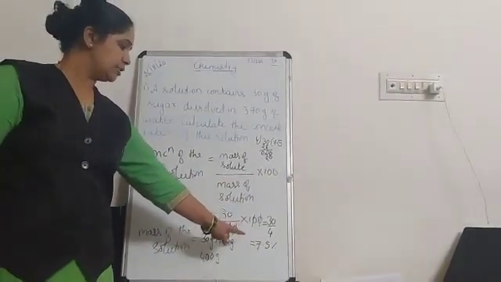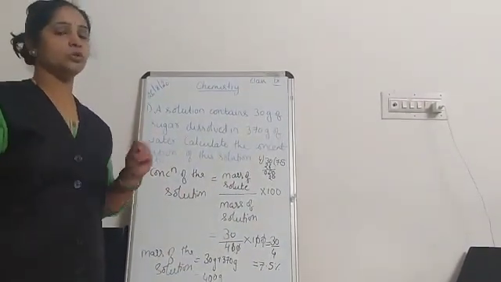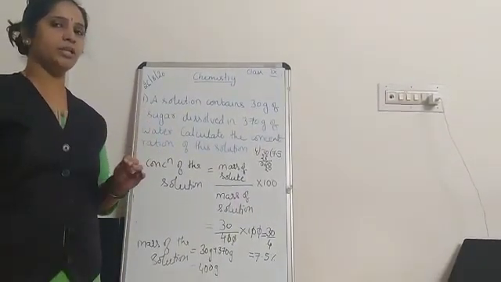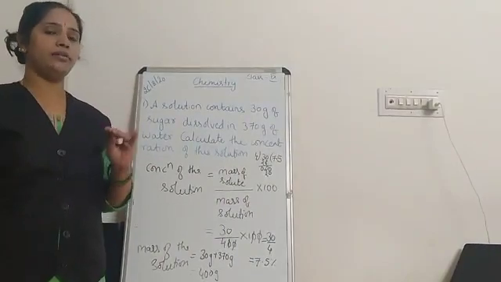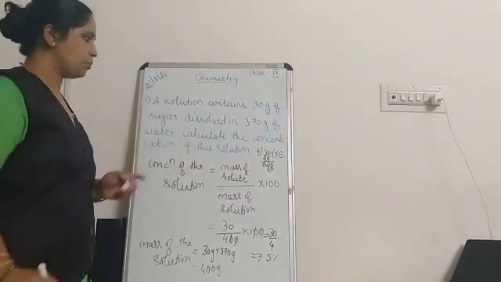So this is how you can calculate the concentration of the solution. So please remember, always the concentration of a solution will be calculated per 100 gram. Okay, so that you have to remember. So this is one problem.